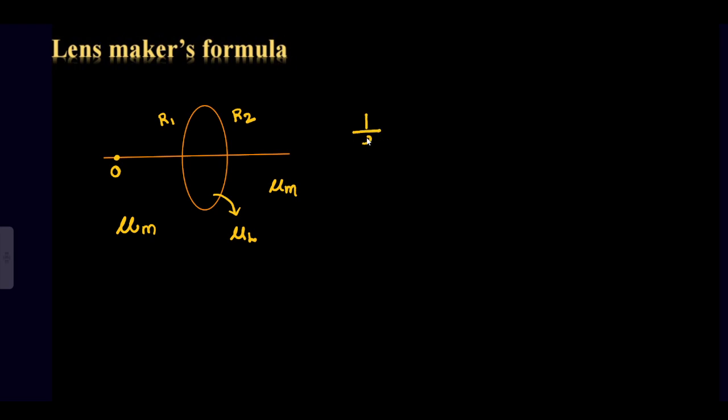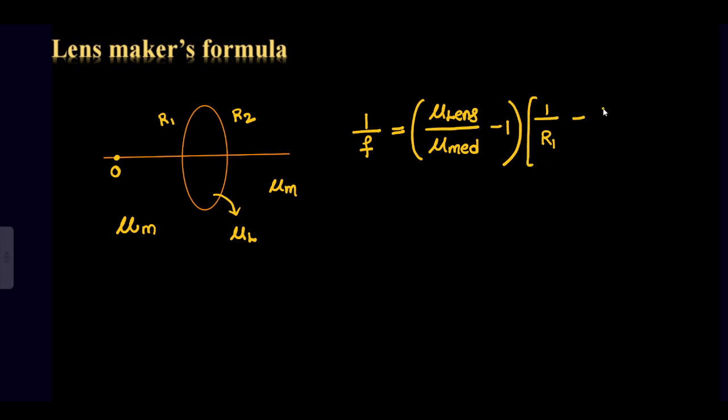1 by f is equal to the refractive index of the lens by the refractive index of the medium, minus 1, into 1 by R1 minus 1 by R2.